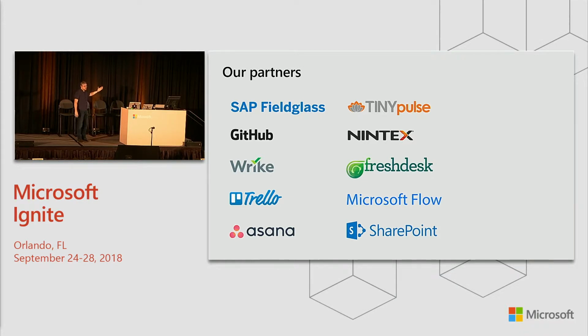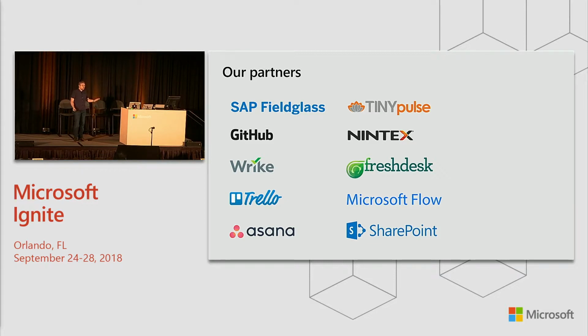GitHub, everybody knows what that is. Issue management, open source code, etc. Wrike, Trello, Asana in the context of task management, simple task management. Nintex and Freshdesk. And we've mentioned TinyPulse a few minutes back, where they do quick polls in the enterprise. And of course, Microsoft Flow and SharePoint, which we also mentioned in our success stories.